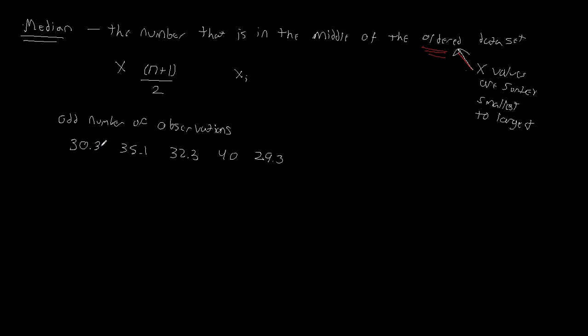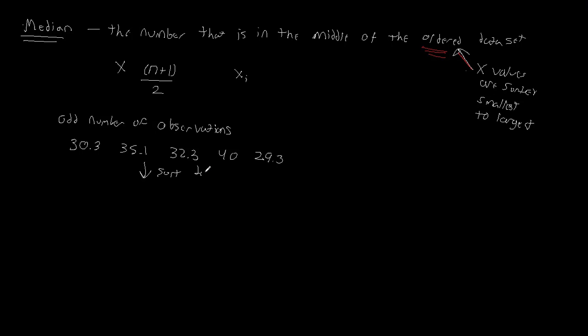So these are 5 times that you ran a race. It's an odd number of observations. How do we calculate the median? The first thing we do is order the data set, which means sorting the x values from smallest to largest.